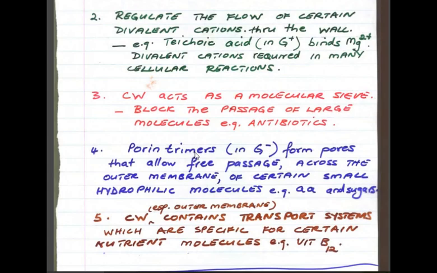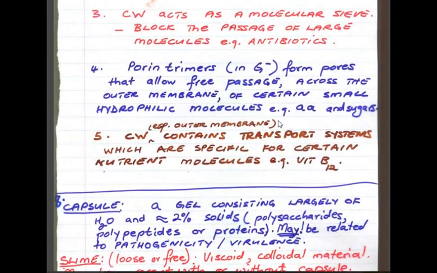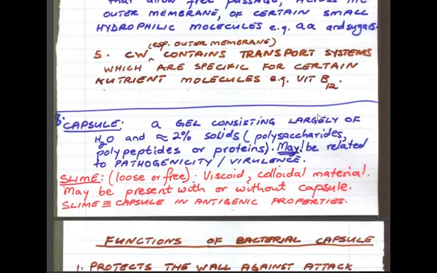Then we have the porin trimers, which are present in the gram negative, and these are also used for free passage of certain small hydrophilic molecules. And the cell wall also contains transport systems, especially in that periplasmic space.